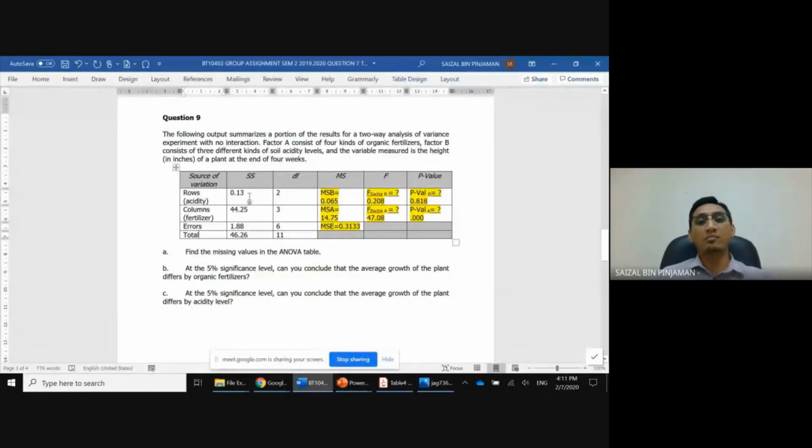The second column shows the sum of square for each source of variation, for each factor. Factor B, which represents the acidity level, has a sum of square equal to 0.13, while factor A, which belongs to fertilizer, has a sum of square equal to 44.25.